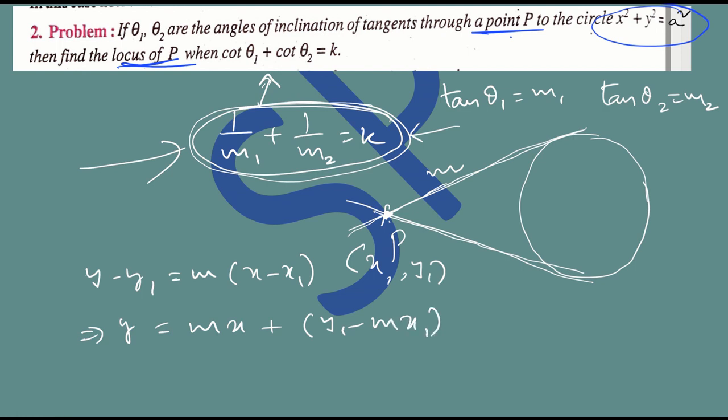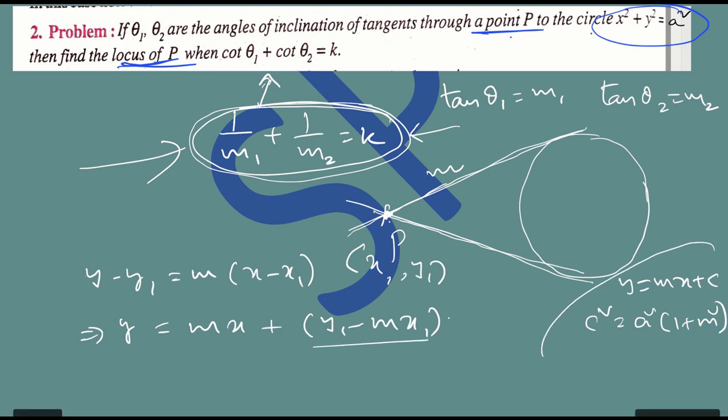Now this is a tangent to the circle. So the condition is nothing but c square is equal to a square into 1 plus m square. That is the condition for y equal to mx plus c to be tangent. Remember? So here c is this.